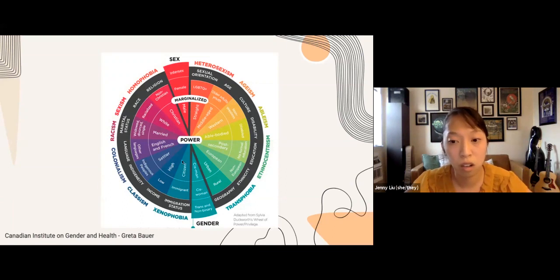This is often a framework that's taught in social work and other fields like public health. So micro is really the intrapersonal and interpersonal level, which most of us as providers operate on in our day-to-day interactions with patients, or the ways that people may have internalized a lot of these isms that you see here.